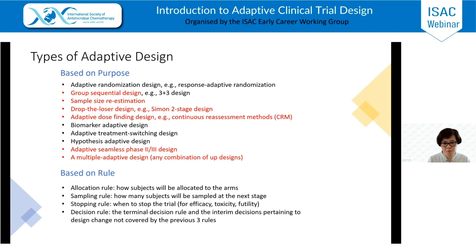The stopping rule is the one I have seen quite a few. It is how you stop the trial early for different reasons, which could be for efficacy, futility, or toxicity. So this is the third one.